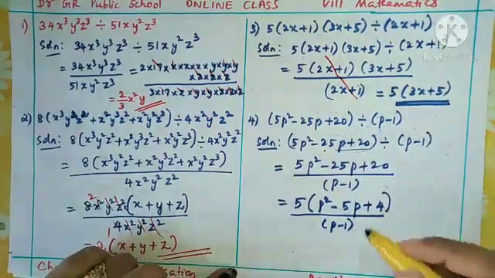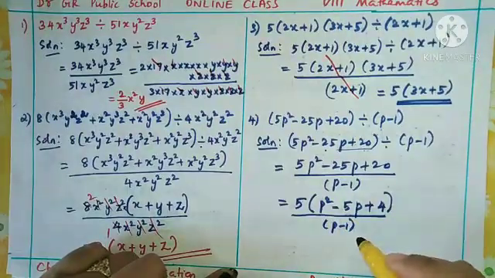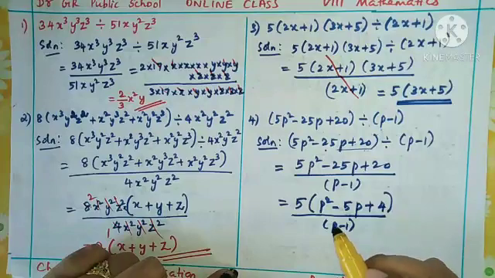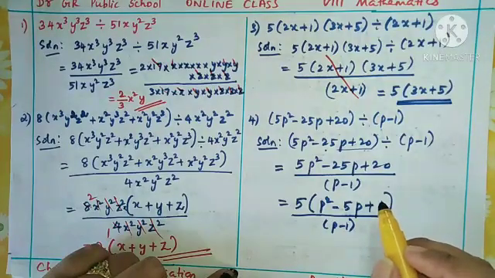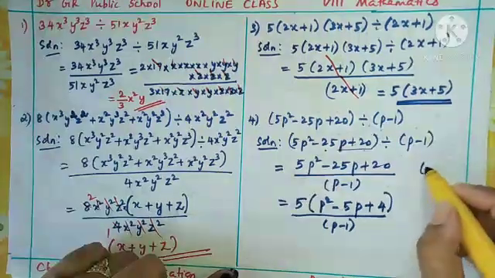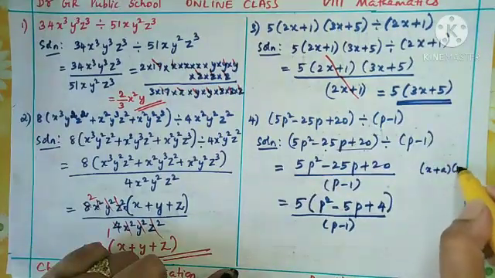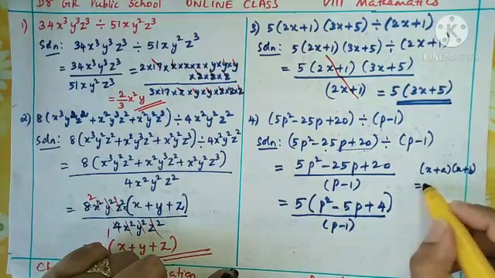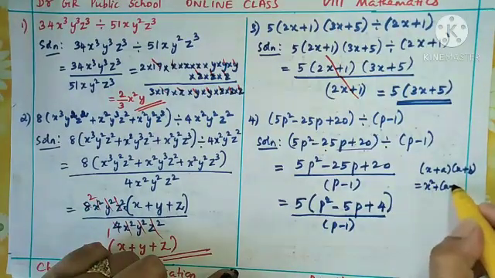So how to reduce this expression? We studied factorization by using identities, and in one identity you studied x plus a into x plus b equal to x square plus a plus b into x plus ab.